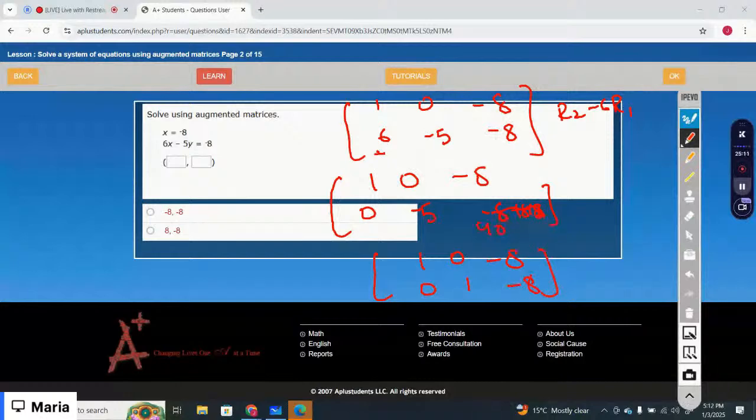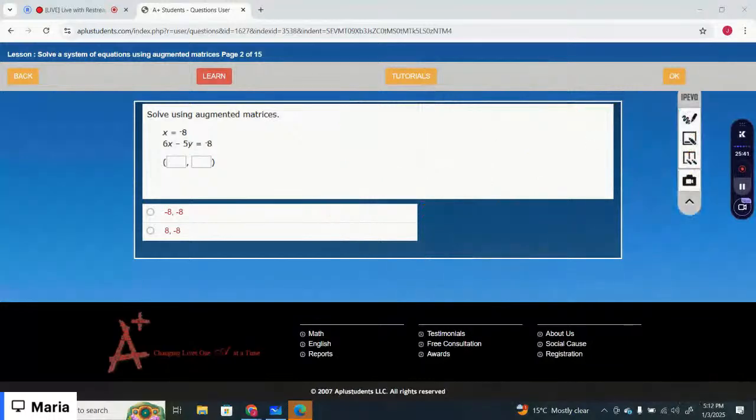So both x and y have the values -8 and -8. That is option number 1, -8 and -8.